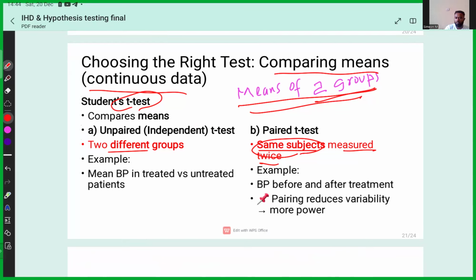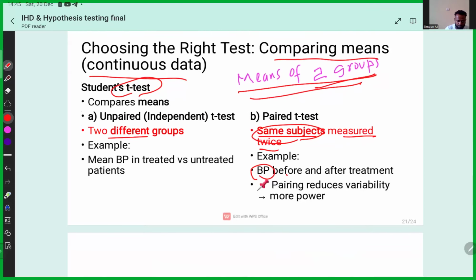In the paired t-test, we are still comparing two groups, but these are the same group before and after treatment. For example, comparing blood pressure of a group before and after treatment with an antihypertensive.